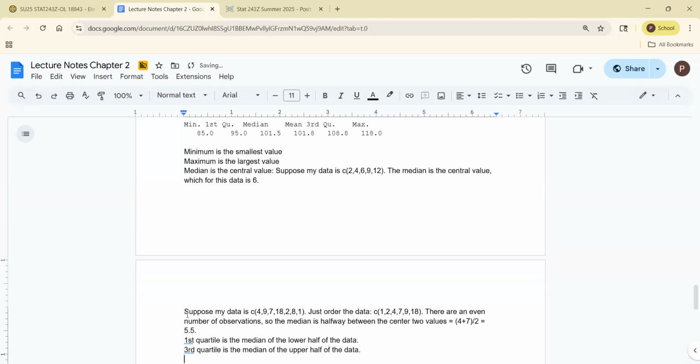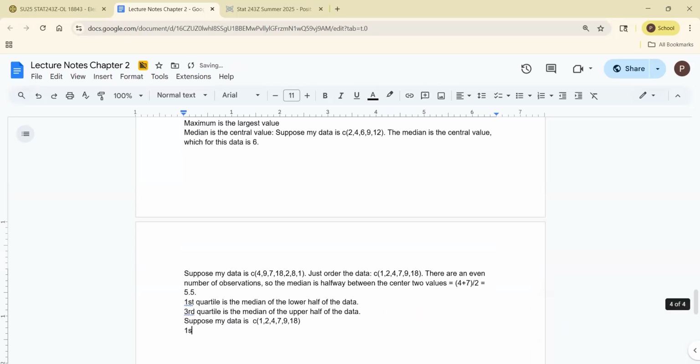So let's take this same data here, and I'm going to go ahead and order it. Then the first quartile is the median of the lower half of the data. 1, 2, 4, which is 2. And the third quartile is the median of the upper half of the data, 7, 9, 18, which is 9.